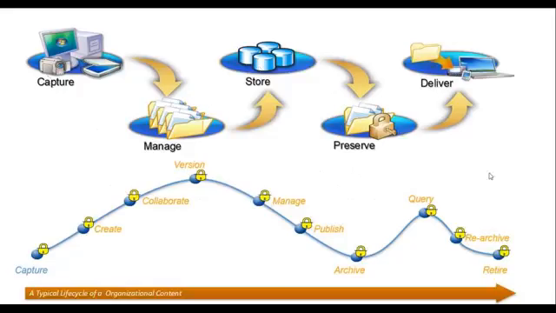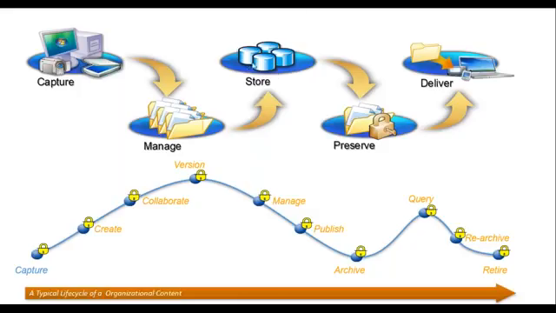Yeah. So these are the 5 concepts which we discussed. Capture means from where the data is coming. So it could be a scanner, it could be a video, email, anything. Then manage. Manage means segregate that into the right folder. So you might be getting it from multiple places, but you have to segregate it. Once that management is done, and the right folder has the right document, then you store it.